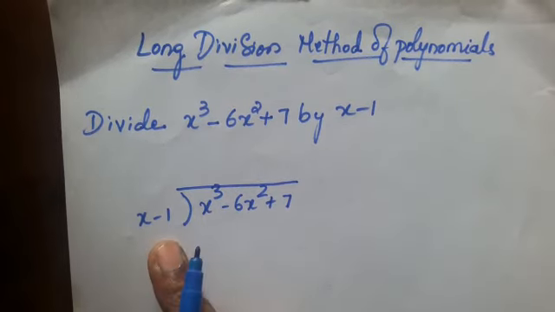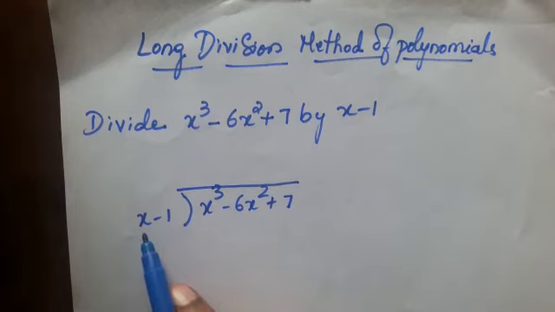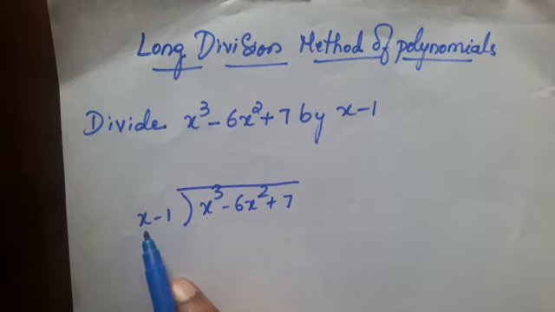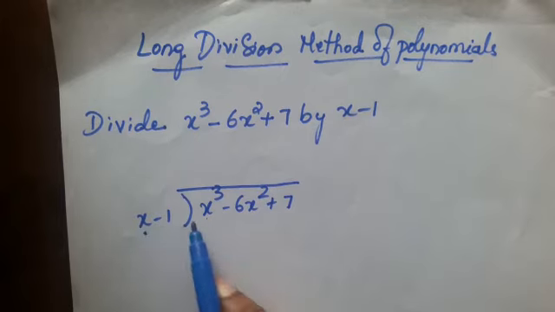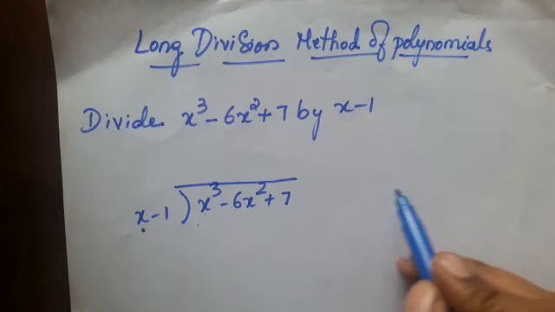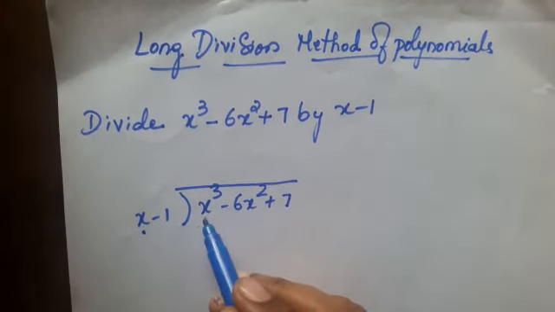So here, the first step is to look at the first term of the dividend and the first term of the divisor, and we have to make both equal. How to make that? See, I am taking this x minus 1, x is there, no? This is the first term x, here x cube is there.